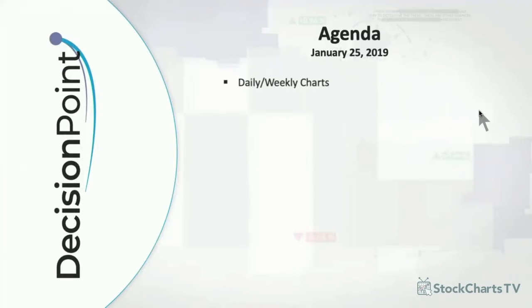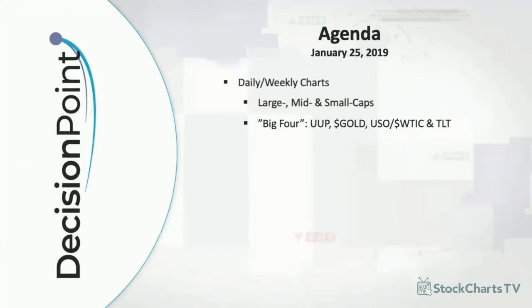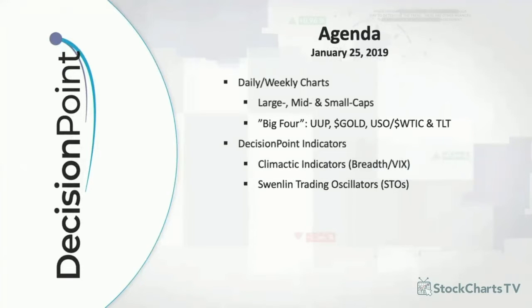It's the end of the week, so we go over the daily and weekly charts. We'll look at the small, mid, and large caps, the big four. Carl's going to go over those with you and what he's seeing. Then we'll look at our DecisionPoint indicators: our climactic indicators, short term, the Swenlin Trading Oscillators, and the ITBM and ITVM, our intermediate term indicators.